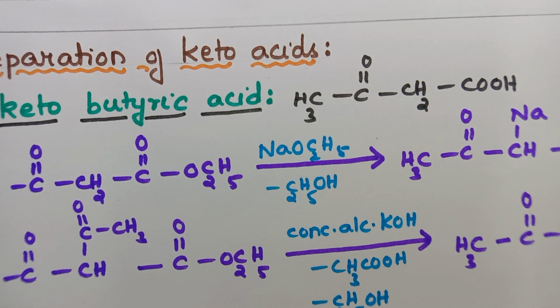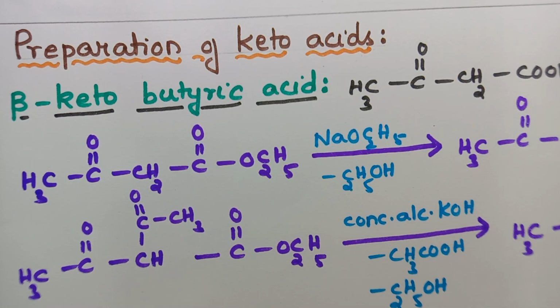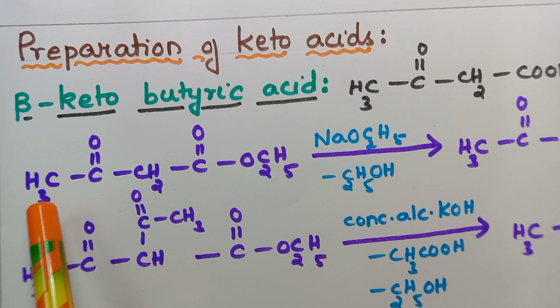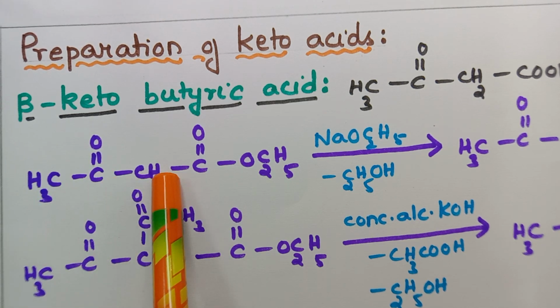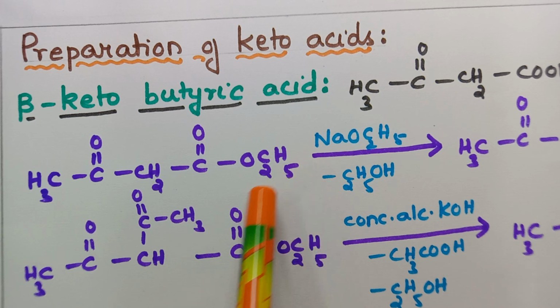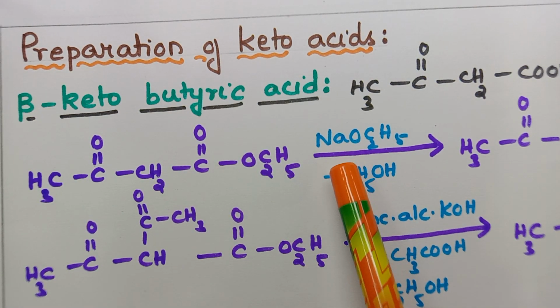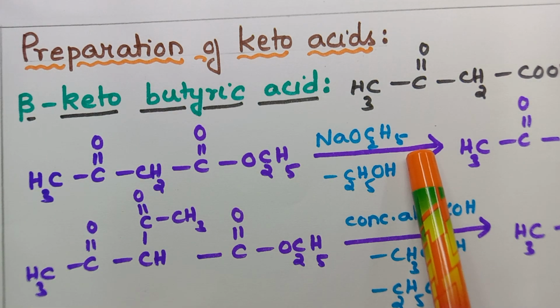So how to prepare this from acetoacetic ester? To start with, take acetoacetic ester, CH3, C double bond O, CH2, CO, OC2H5. So starting initially, we know that NaOC2H5 is used.